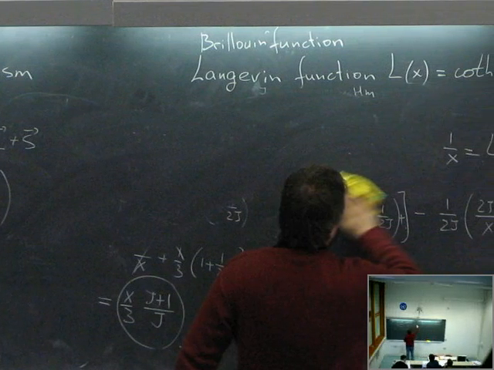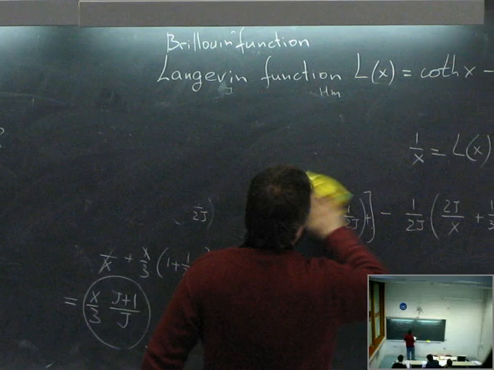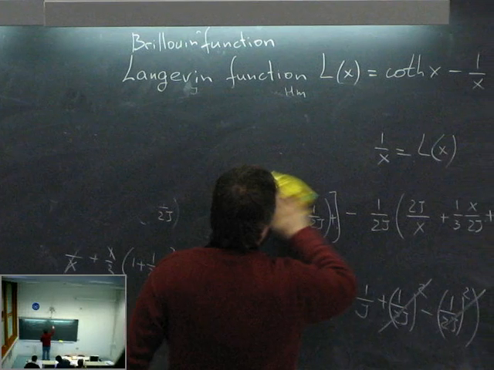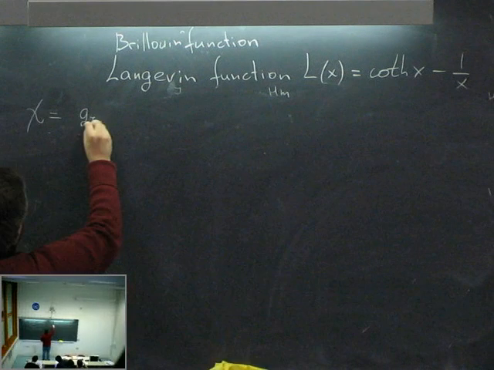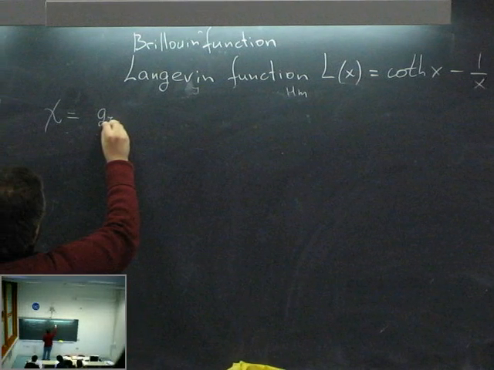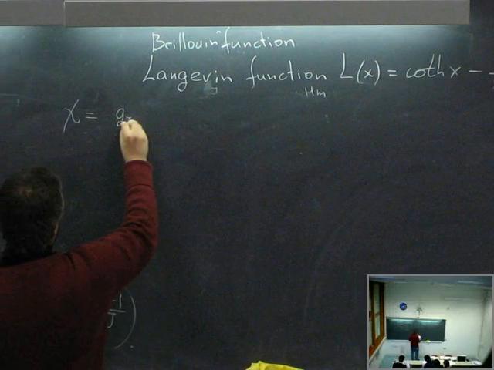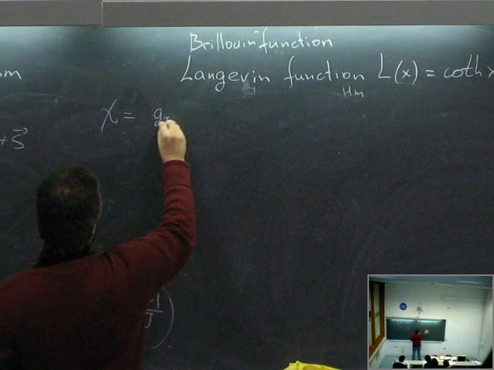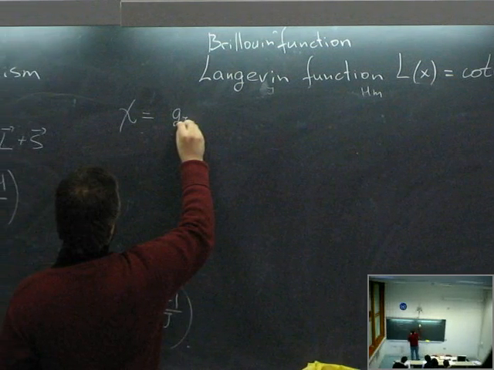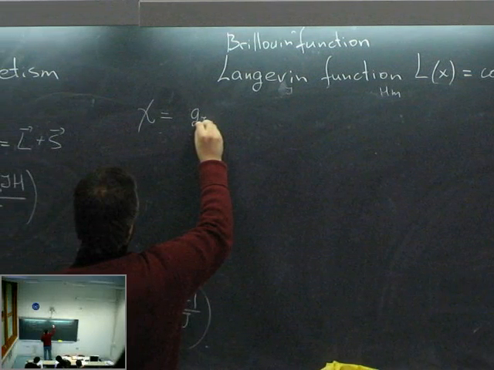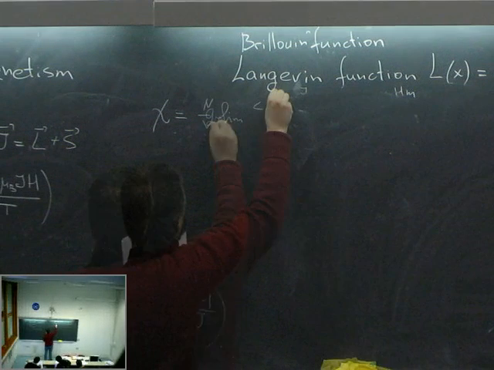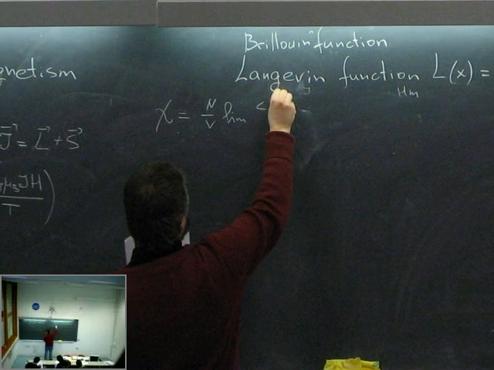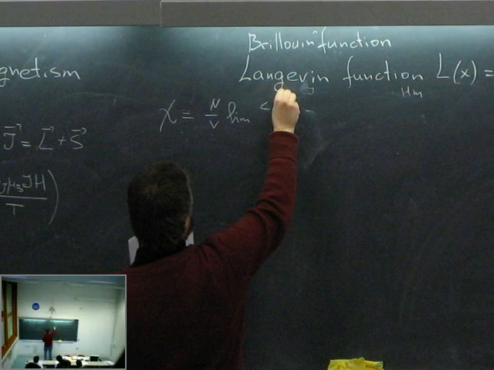Let's calculate the susceptibility. The same definition, chi is equal to n over B times the limit of M_z over H when H goes to 0.